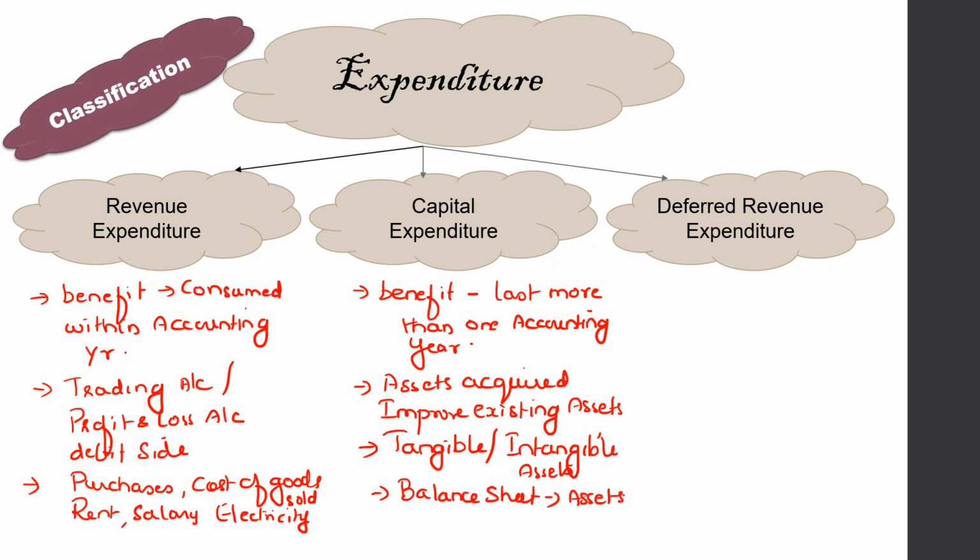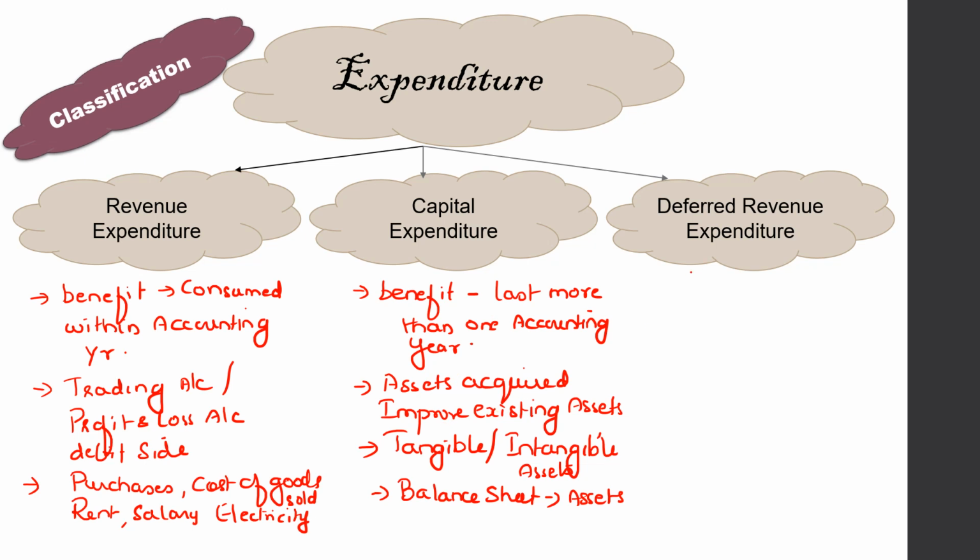It would be shown as an asset: land, building, plant and machinery, vehicle, computers, furniture. All those are shown on the asset side. So anything spent on them is in the nature of capital expenditure. So these are the items of capital expenditure. Now I hope the term capital expenditure is also clear to you.